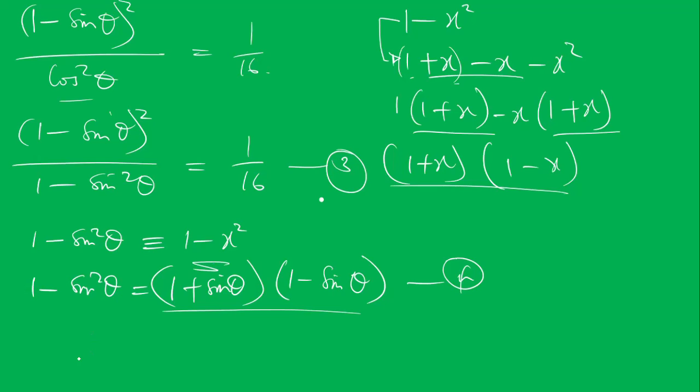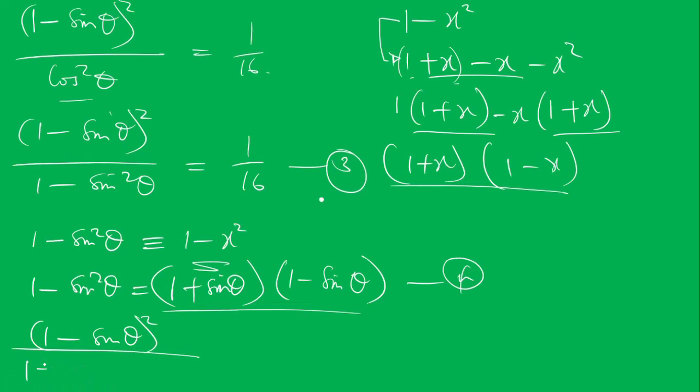So now we'll have (1 minus sine theta) all squared divided by 1 plus sine theta, times 1 minus sine theta, which is equal to 1 all over 16.